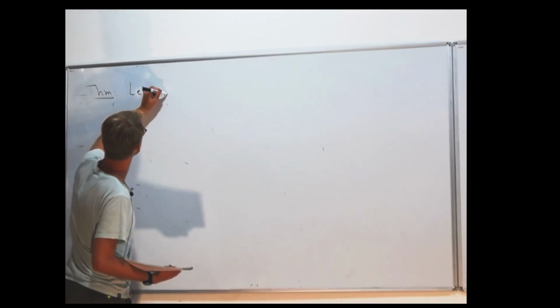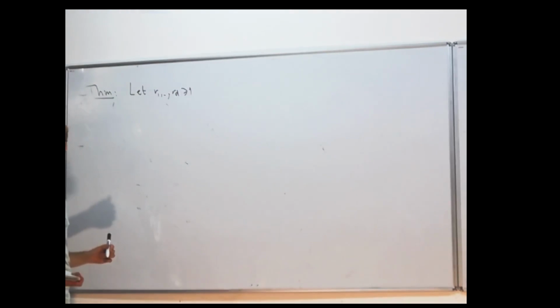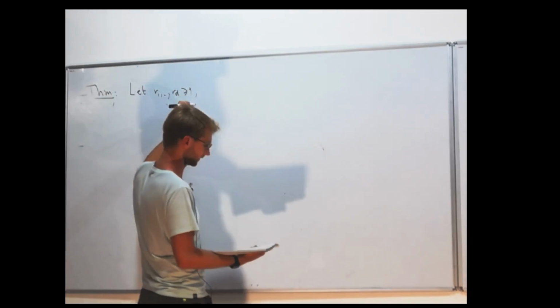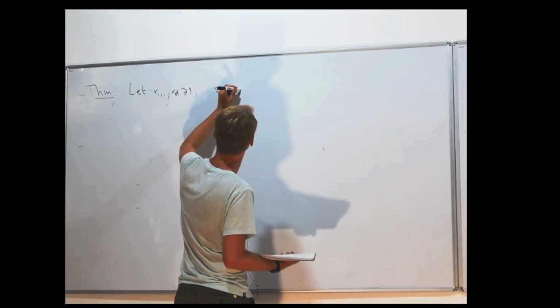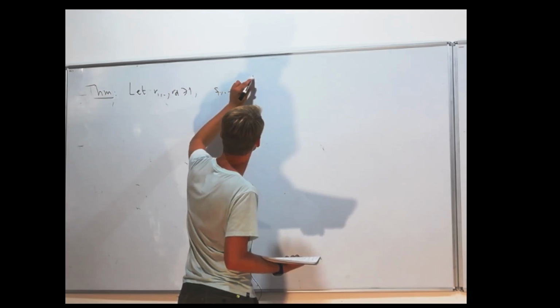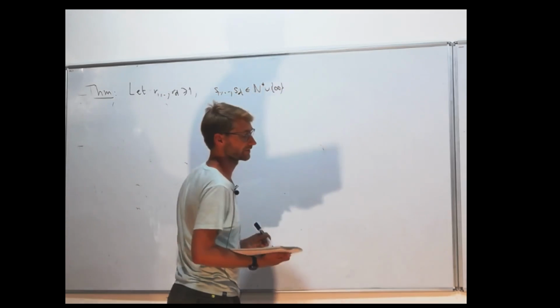So we have some numbers, R1 up to Rd, which are at least 1. Natural numbers. We have S1 up to Sd, which are also at least 1, but we want to allow them to be infinity.